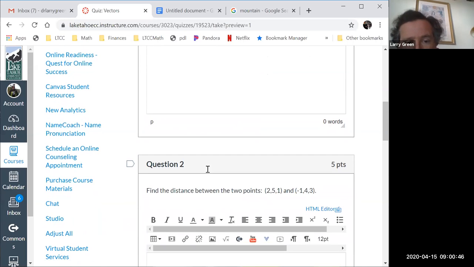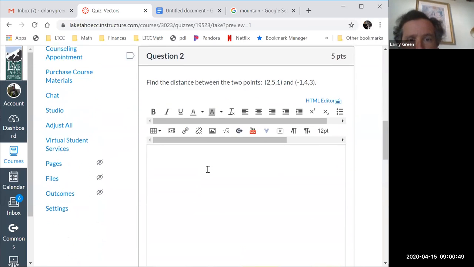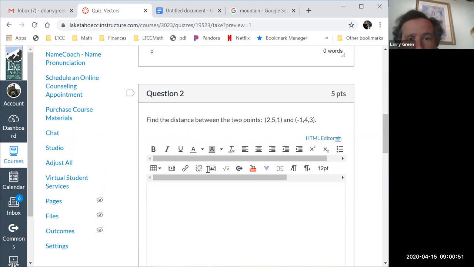Okay, let's look at question 2. So we're going to find the distance between the points 2, 5, 1 and -1, 4, 3. Okay. So let me write down. So we have 2, 5, 1, -1, 4, 3.